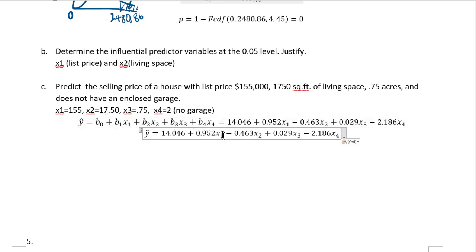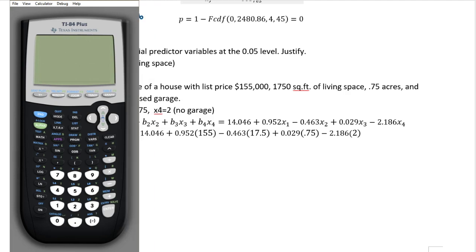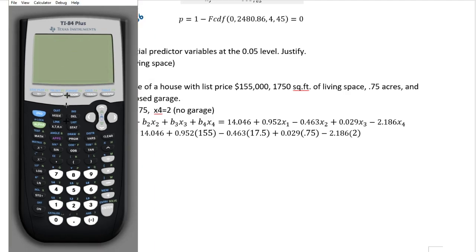So for x1, we put 155. x2, we put 17.5. x3, we put 0.75. x4, we put 2. Okay, now let's put that into the calculator.